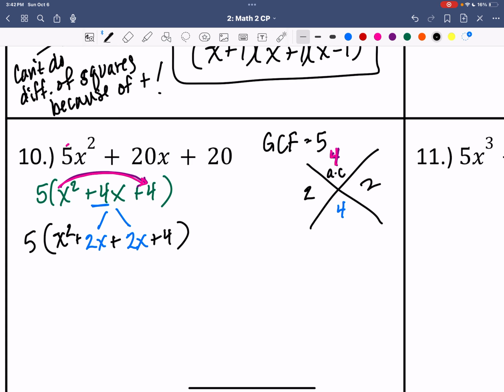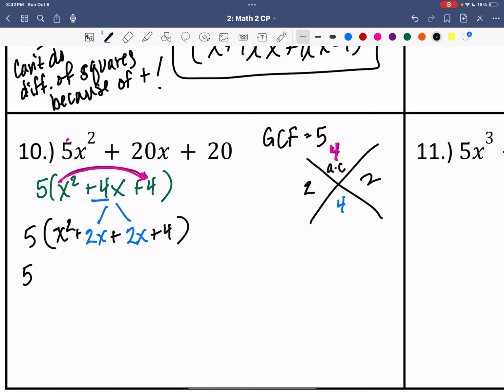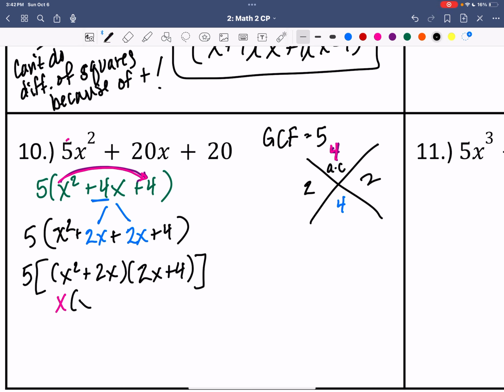All right, now let's start to group. And I've got x squared plus 2x, and you could have combined this all in the last step. I'm just bringing it all out here now. All right, so now let's start to factor. So I've got an x that can come out here, and I'm left with x plus 2.